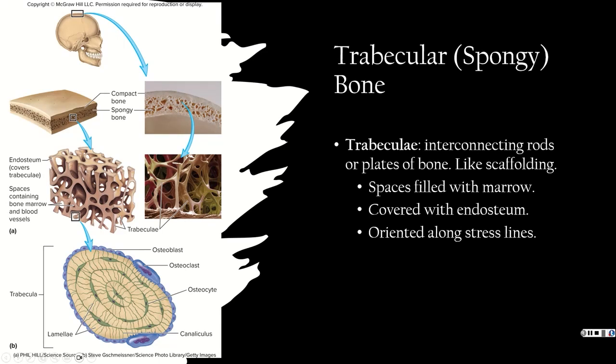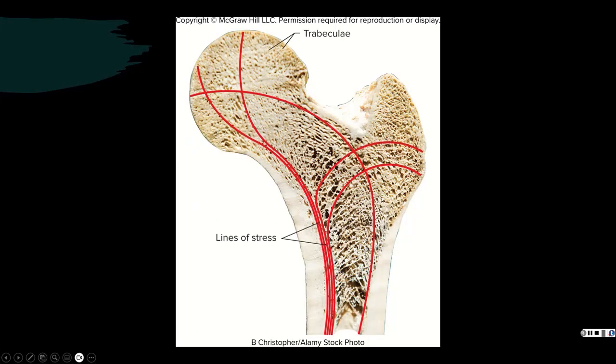But it also houses the red bone marrow that the red cells are living in. You can see the stress lines here in the red lines, from normal walking, running, and jumping. These trabecular struts align with those to pass the stress from running and jumping down the bone.